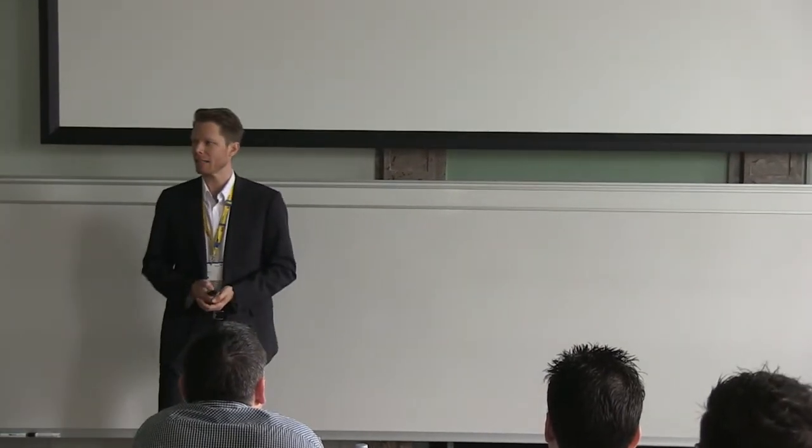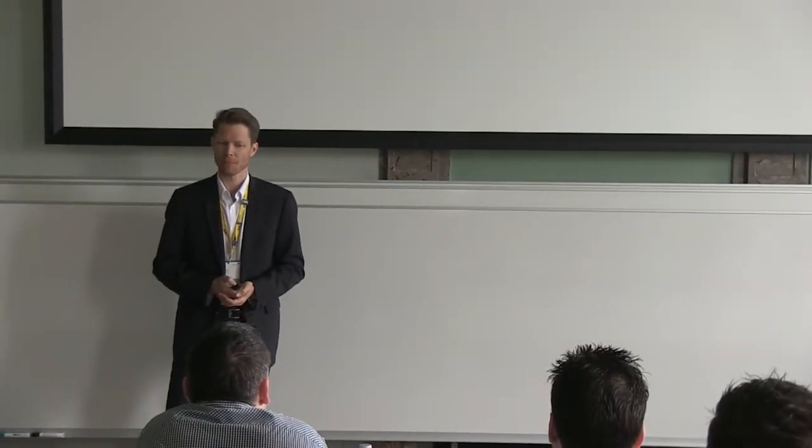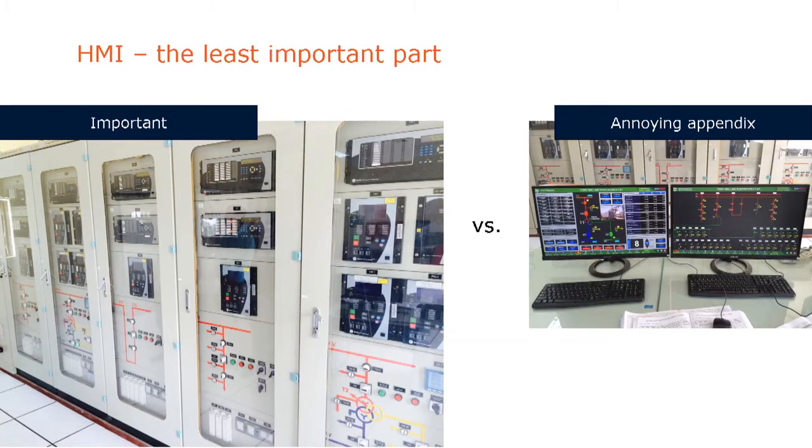What is it about the HMI in a substation? When we look into the secondary equipment of a substation, we have this important part on the left side with all the devices, and we have this annoying appendix from the configuration point of view on the right side.